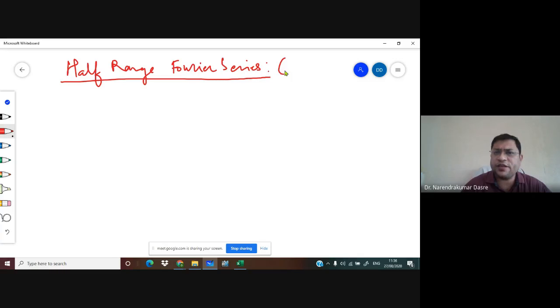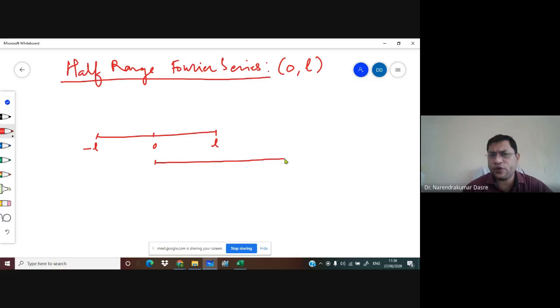In the half range Fourier series, the interval is always 0 to L. Suppose I have the interval from minus L to L, or the interval from 0 to 2L. If I consider half of this, either I'll have this half or that half.